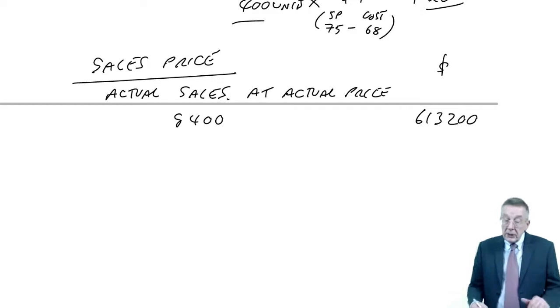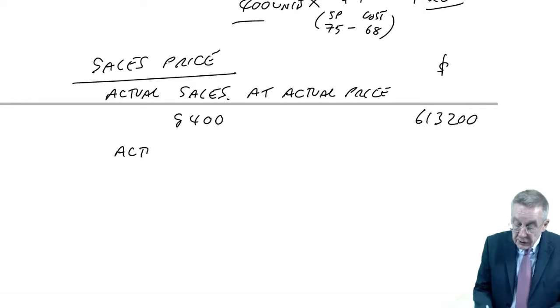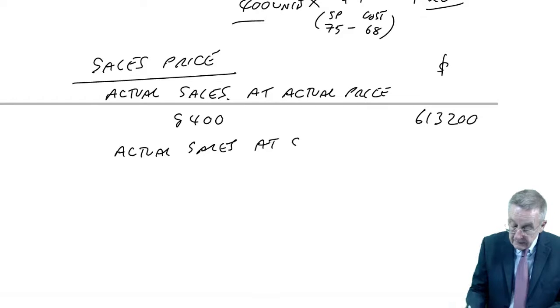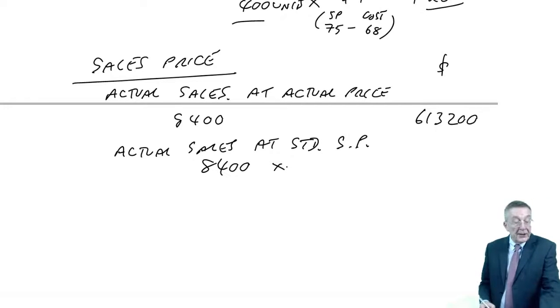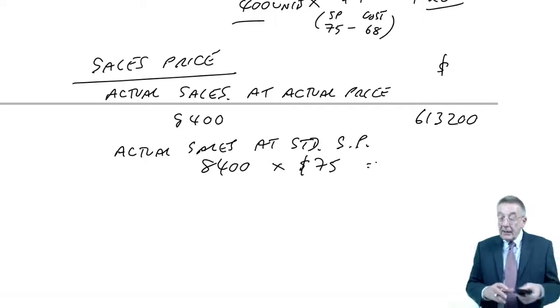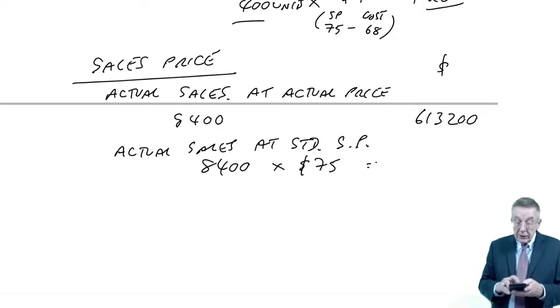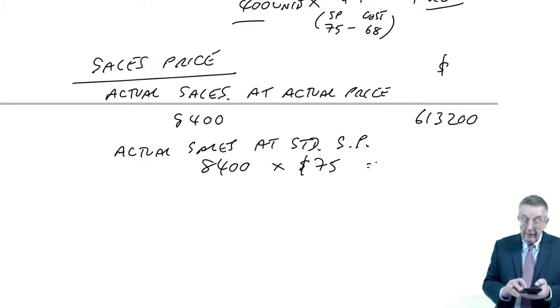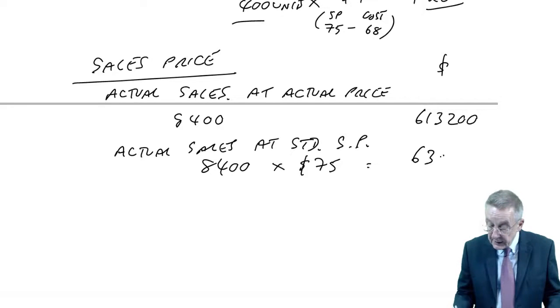We compare with what we should have sold them for, actual sales at standard selling price. 8,400 at the standard selling price, the budgeted selling price, which should have been 75, and therefore the revenue should have been 630,000.